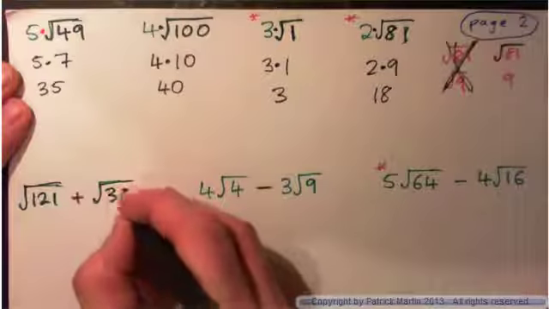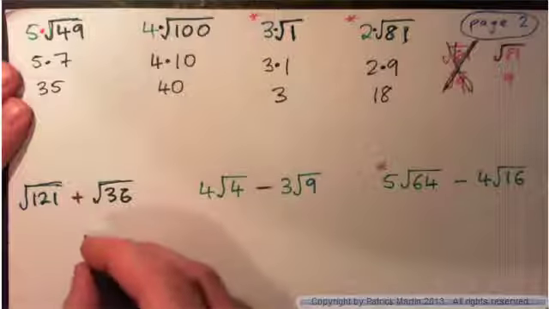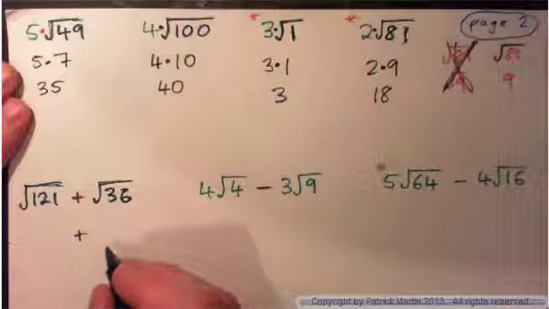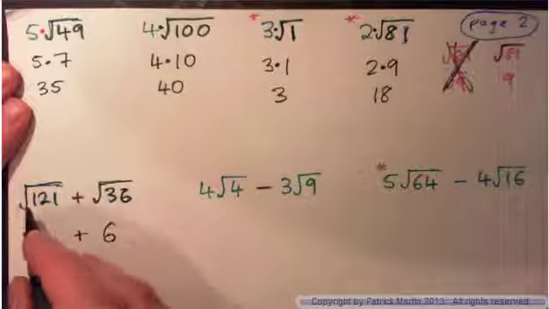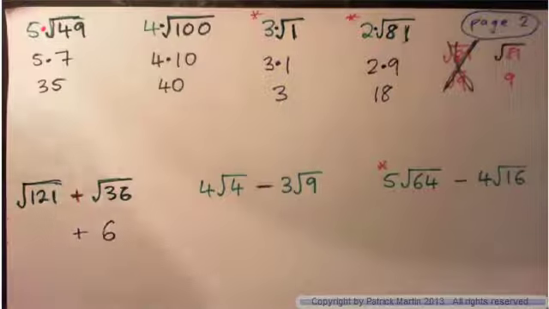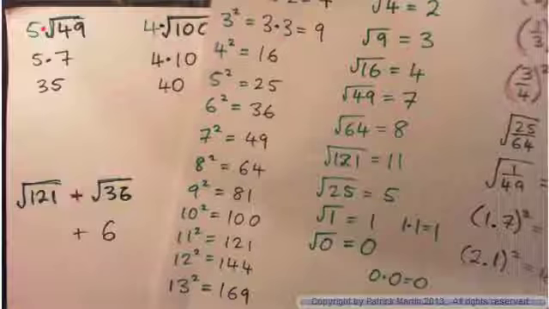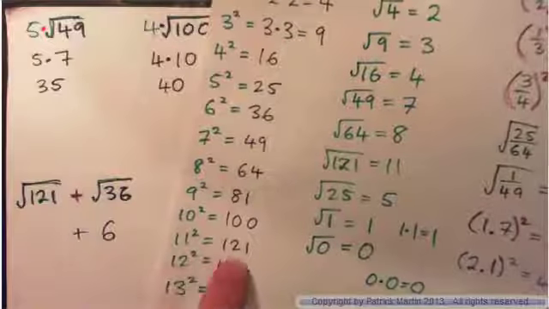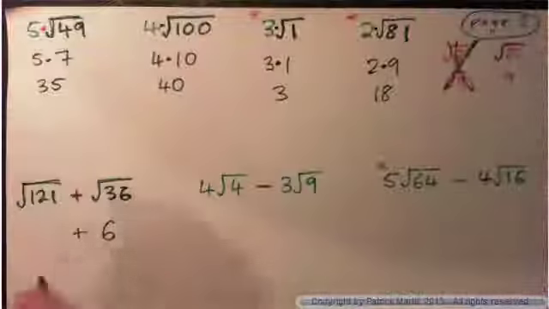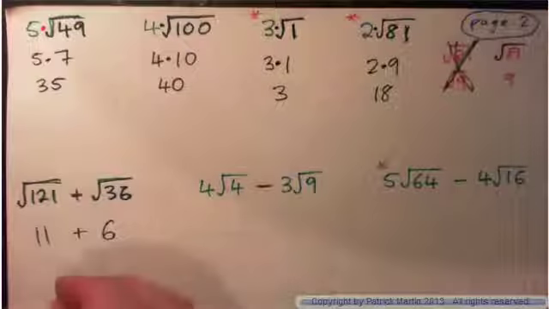What times itself gives 36? 6, isn't it? What times itself gives 121? We had a whole list of those earlier. Remember those? Listed them all out, didn't we? 11 squared is 121. Remember that? So it's 11. 11 plus 6, 17.